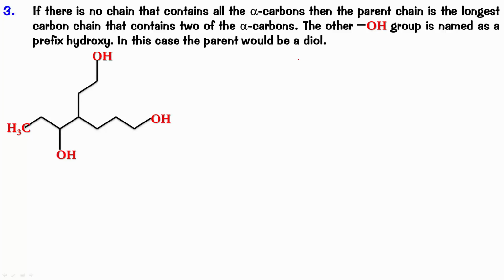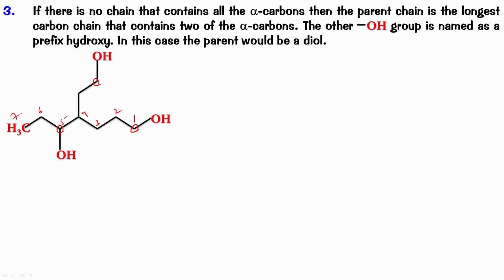So what do we do here? Well, I've got alpha here, alpha here, alpha here. So if I number it this way, if I look at the pentane like this, 1, 2, 3, 4, 5, 6, 7.